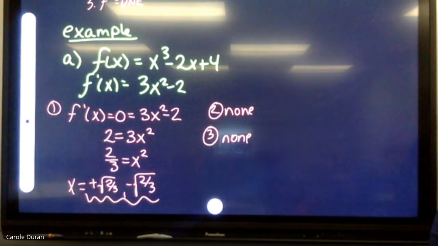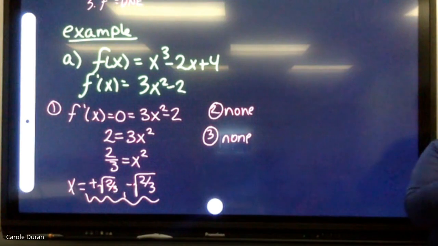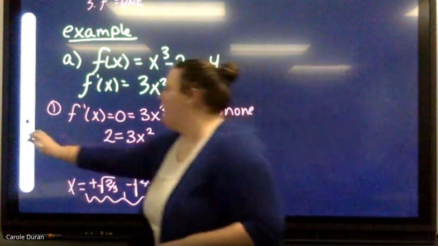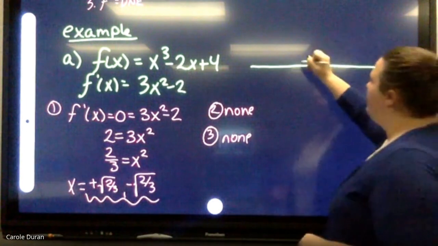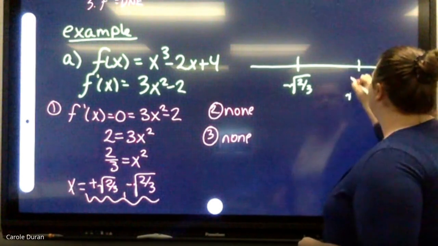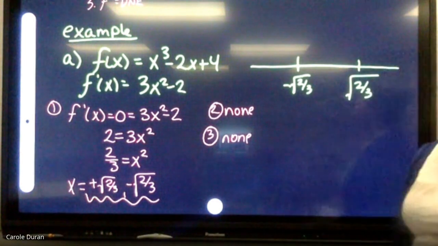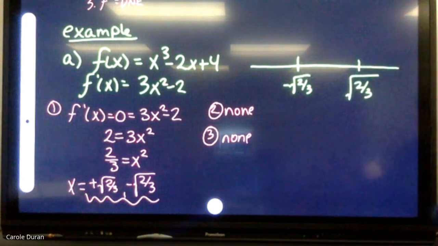To identify which ones are or are not extrema, I like to do a number line because it's a really good way of checking. So on this number line, I'm going to put my potential zeros. I'm going to plug in numbers around them, and then I'm going to plug them in as well.